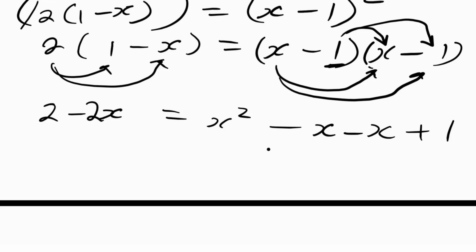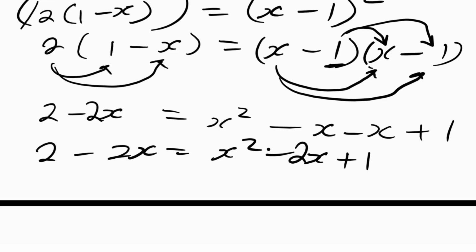So what we have now, we have x squared minus x minus 2x, this plus this, 2x, so collecting like terms, then plus 1. Then we have 2 minus 2x.